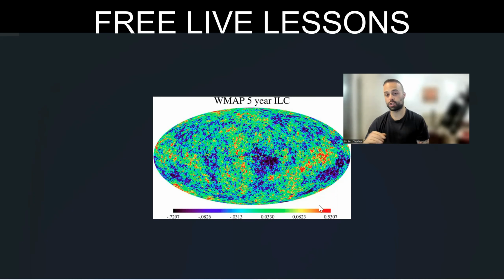The red spots are slightly hotter than the blue spots, but the temperature difference between them is like 0.5%. So the universe is pretty much evenly spread out, the distribution of the heat, the distribution of stars, and so forth. If you focus on certain bits, obviously you're going to see more stars in certain places, but on the whole, as you look back, it looks pretty uniform.